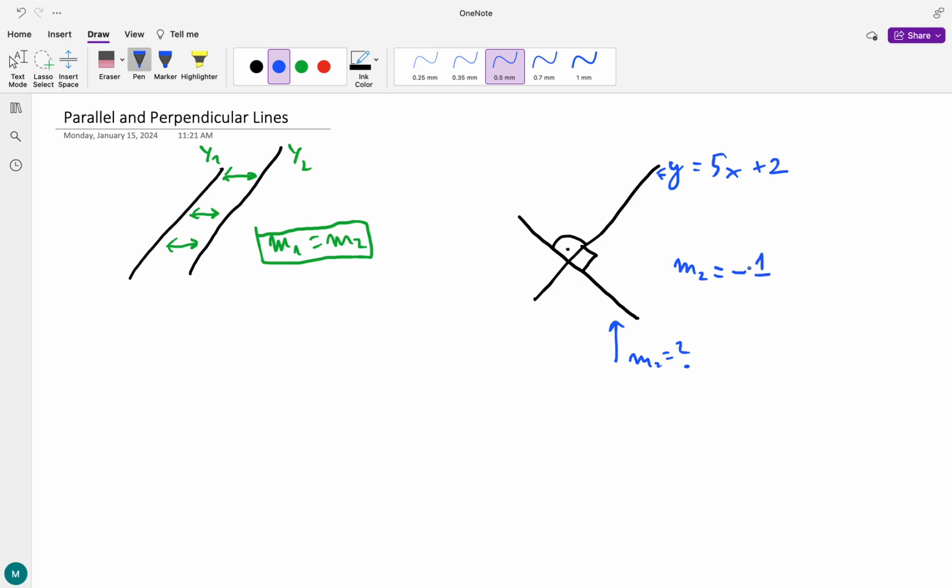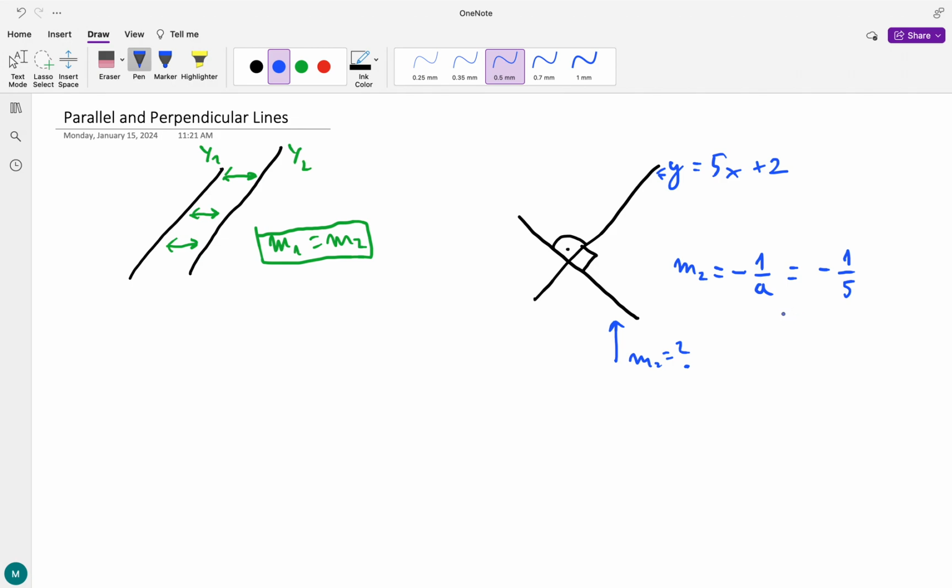So negative one over this number right here. In this case, it's 5, but I'm going to label it as a. So we can conclude that m2, the slope of the second line that's perpendicular to y equals 5x plus 2, is simply equal to negative 1 over 5.